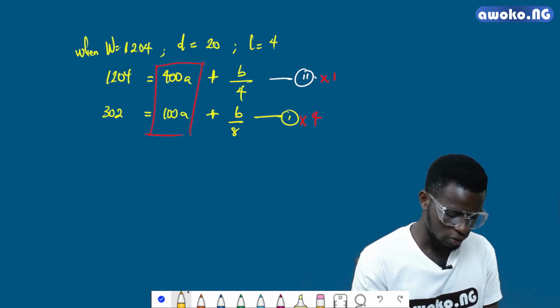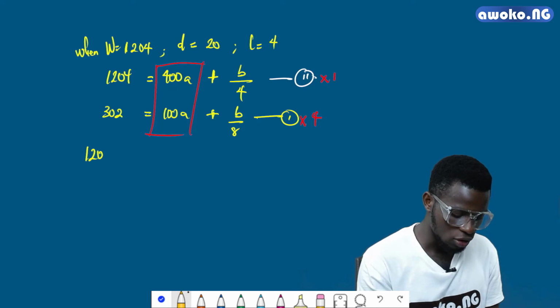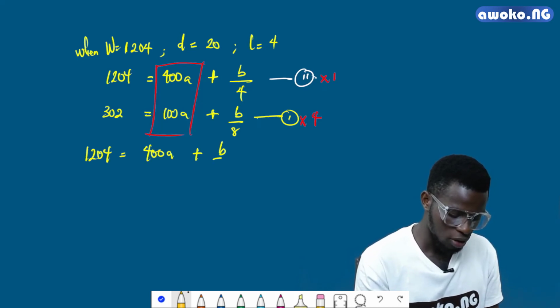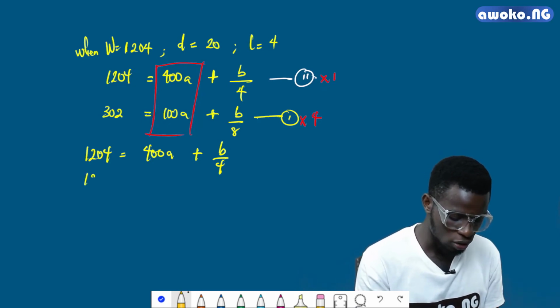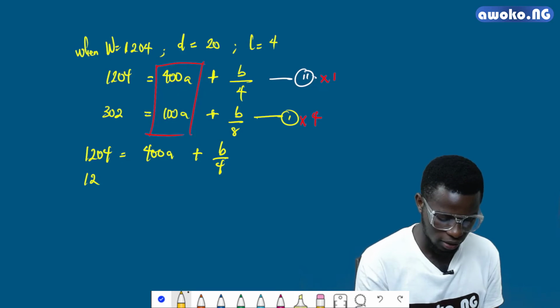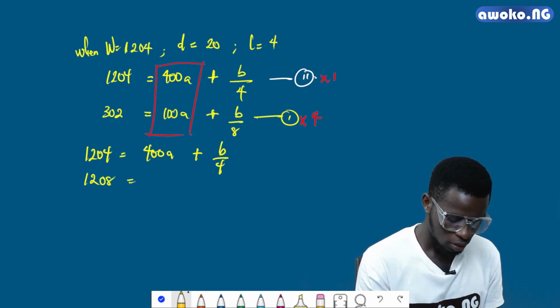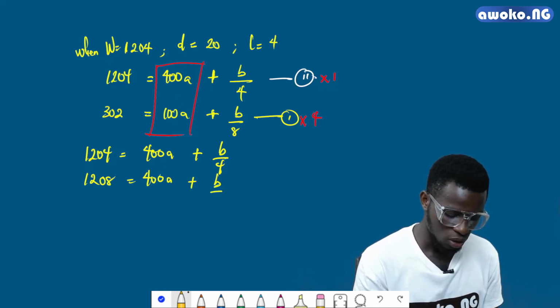If we solve further, we'll have 1204 is equal to 400A plus B over 4, and this will be equal to 1208, which is equal to 400A plus B over 2.